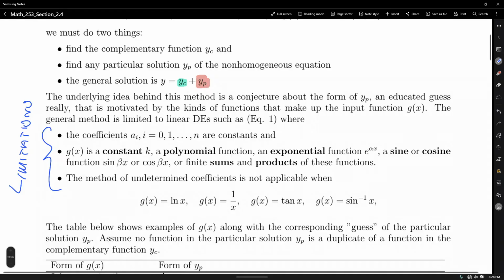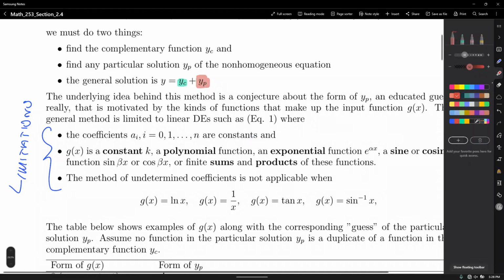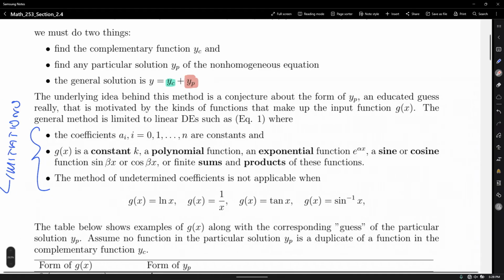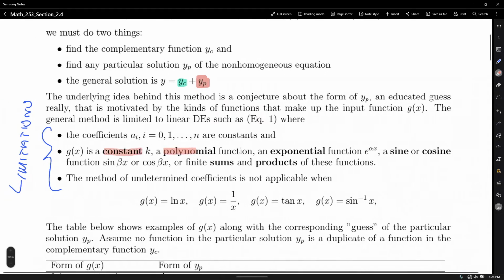Number two, g of x can be only a constant, a polynomial, an exponential function, sine or cosine, or sums of products of the aforementioned functions.